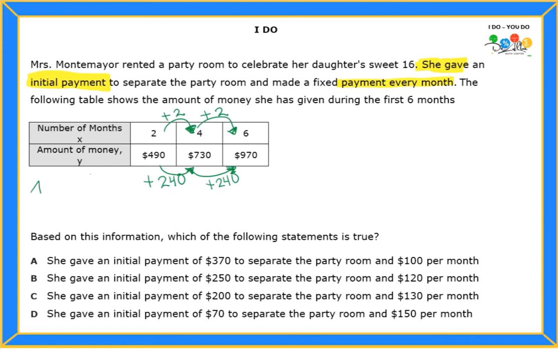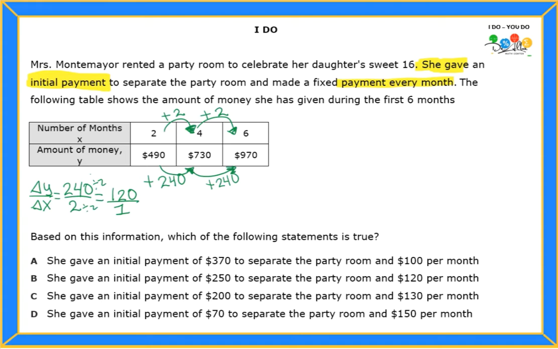So this is basically what it means. It means the change of the y and the change of the x. Very good. So the change of the y is 240 and the change of the x is 2. If you simplify, it means divided by 2. You will get 120 over 1.